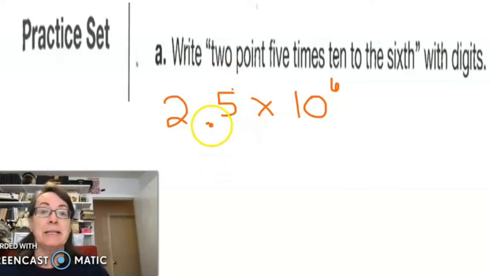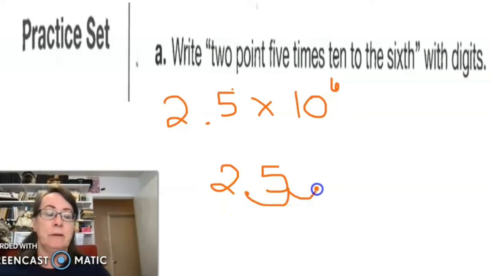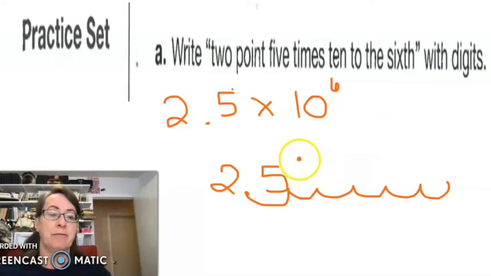I'm going to take this decimal and move it 6 places to the right. So I put down the 2, and then 1, 2, 3, 4, 5, 6, filling in with zeros.